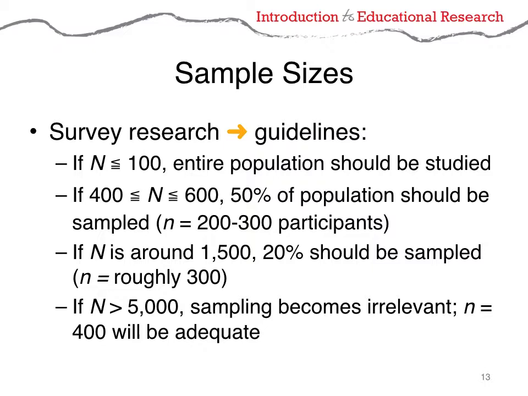If the population is around 1,500, you can go down to 20%. And this is what I was talking about: if your population is over 5,000, about 400 will be adequate. It's just remarkable how those numbers and those statistics work.